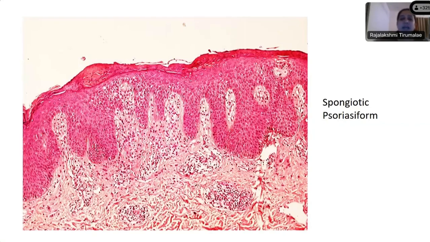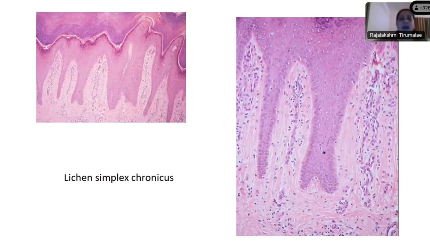And these vertical streaks of collagen appear. These are artifactual changes because of the constant rubbing or scratching that happens over these lesions if they are persistent, right? So spongiotic psoriasiform, and psoriasiform. So that's how these lesions evolve. And of course, it depends on the clinical input to reach a specific diagnosis.